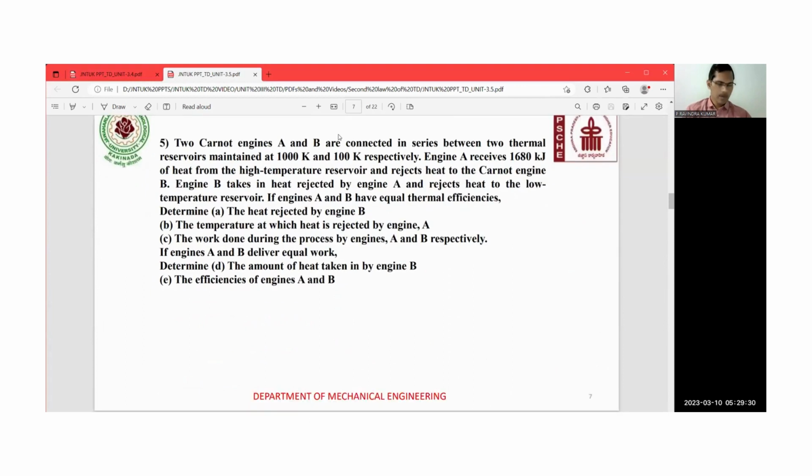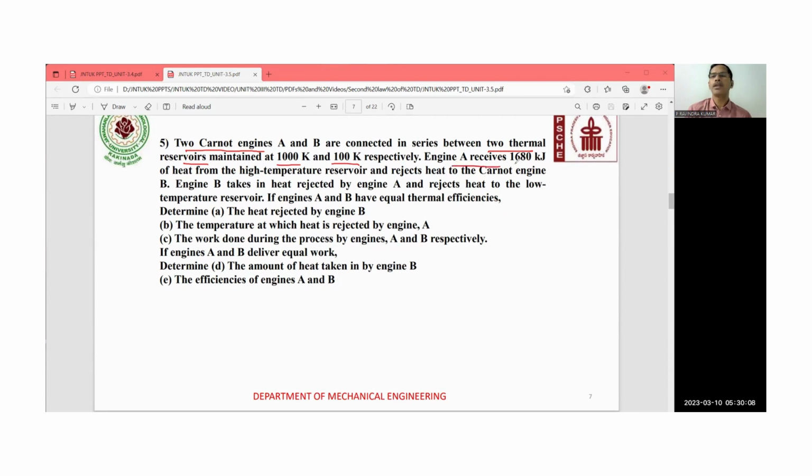Next, the two Carnot heat engines A and B, and these are in series. Observe this particular parameter because it comes under the absolute scale of temperature. So two Carnot engines A and B are connected in series between two thermal reservoirs, 1000 K and 100 K respectively.